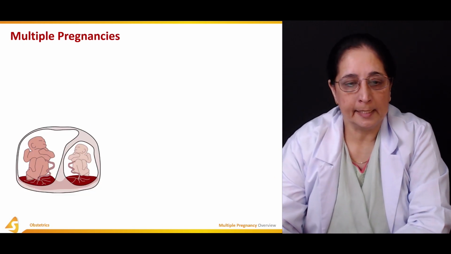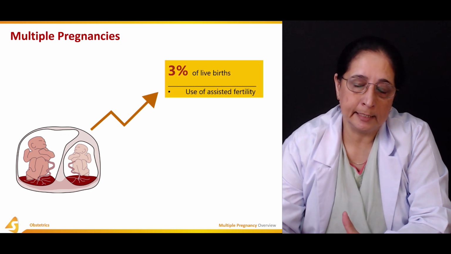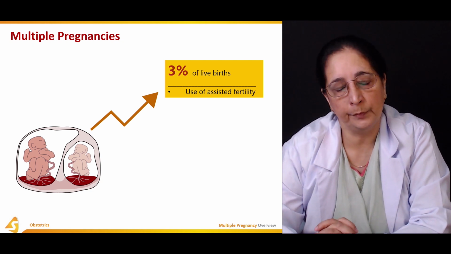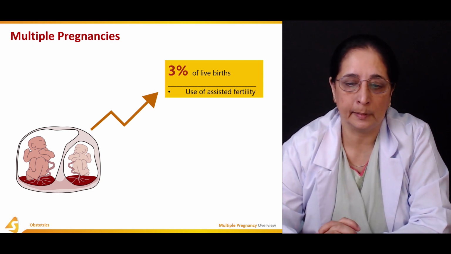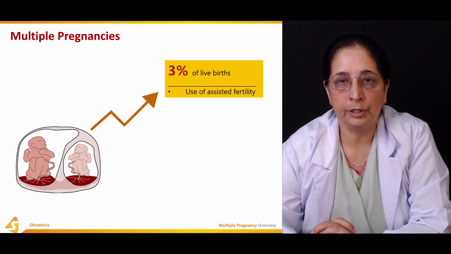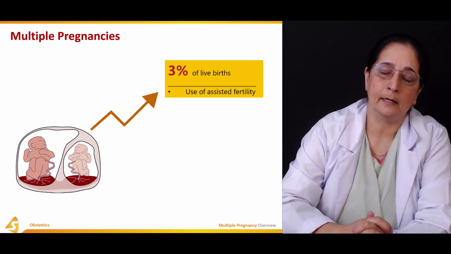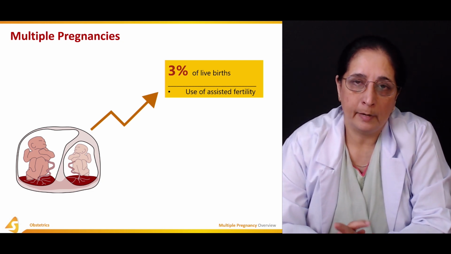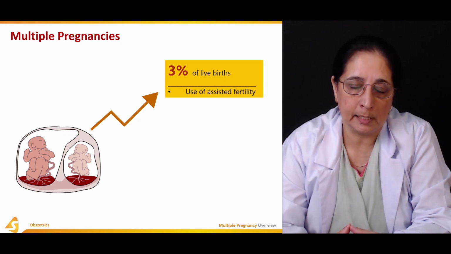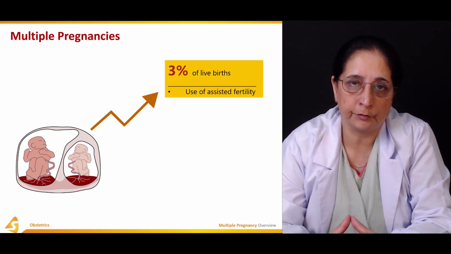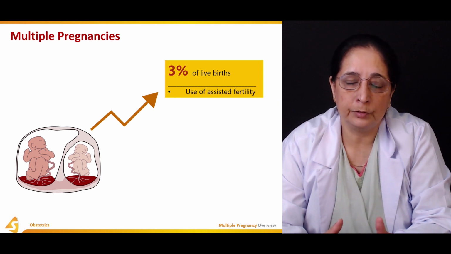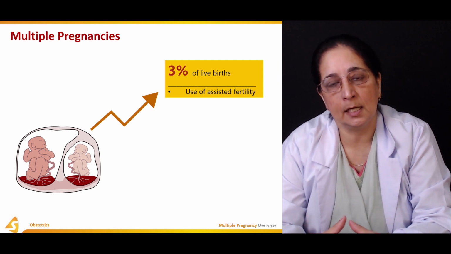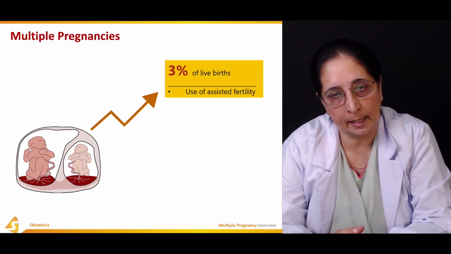The incidence of multiple pregnancy is about 3% of live births. Usually multiple pregnancies occur as a result of treatment of infertility. When fertility drugs are used, like Clomid, clomiphene citrate, usually more than one ovum is released, and if they are fertilized, then multiple pregnancies can occur.